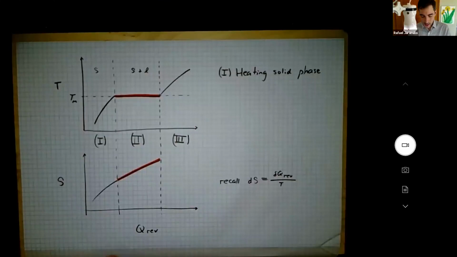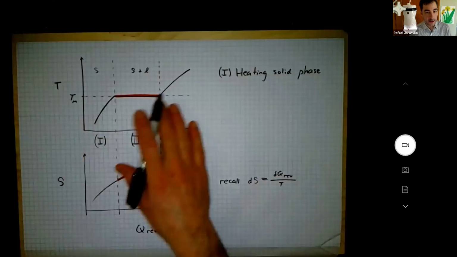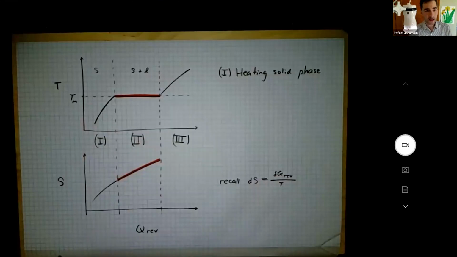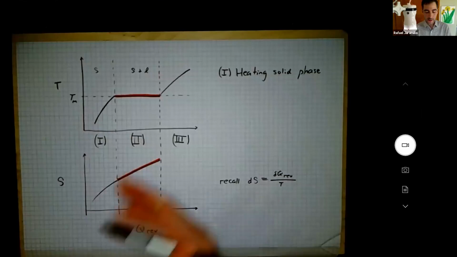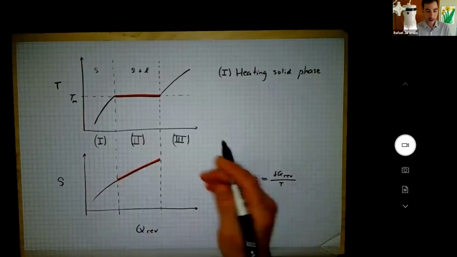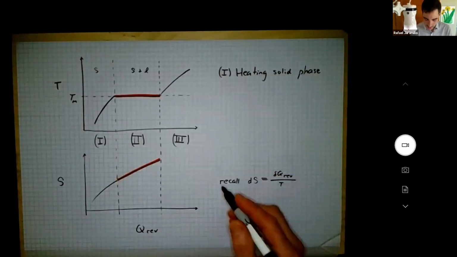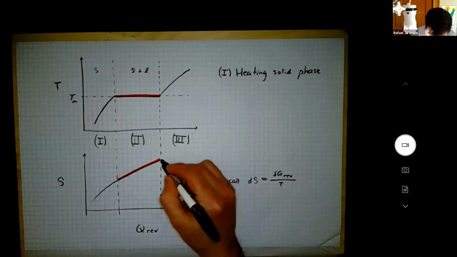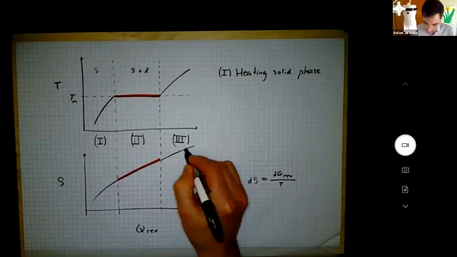I don't know what the temperature dependence of the heat capacity is, but the heat capacity tends to increase with increasing temperature. You might know that from some experience recently. I drew that with a slightly decreasing negative curvature, but it's kind of neither here nor there. And down here, the entropy continues to increase, but it's going to continue to increase at a slowing rate.